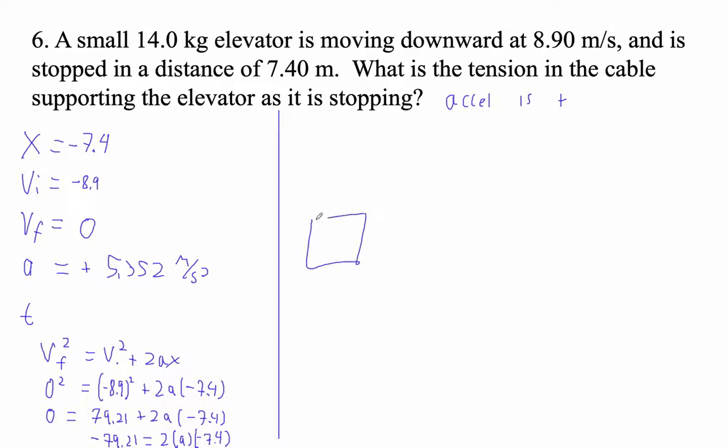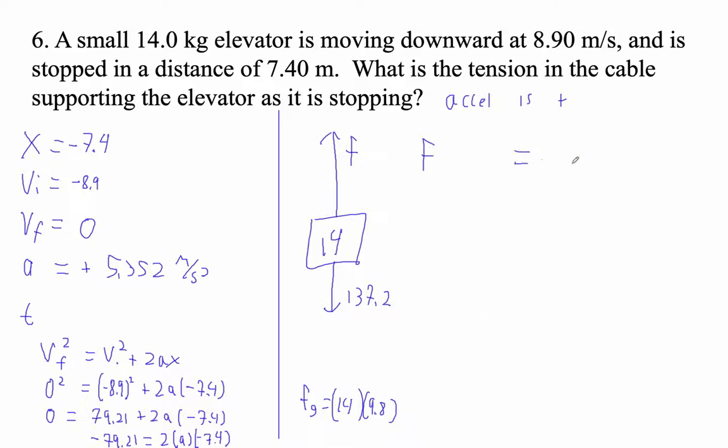Okay. So 14 kilograms. We've got to find the force, right? So we're trying to find this force. We know the force down is 14 times 9.8, which is 137.2. Right, and now we can set up our F equals ma, right?